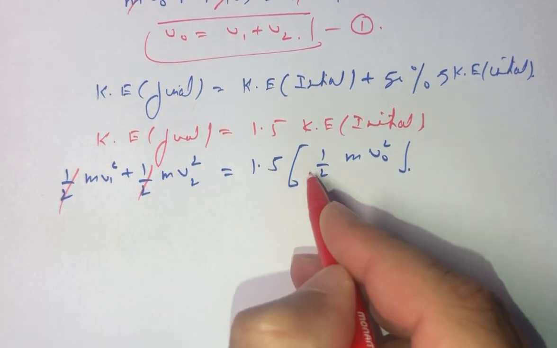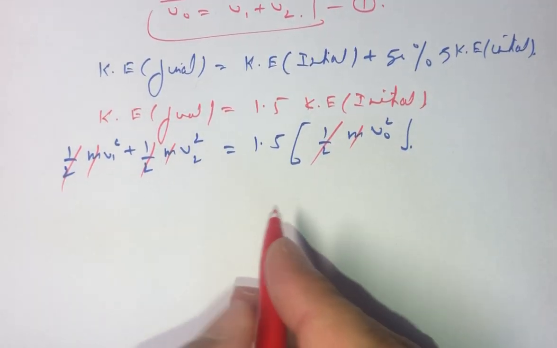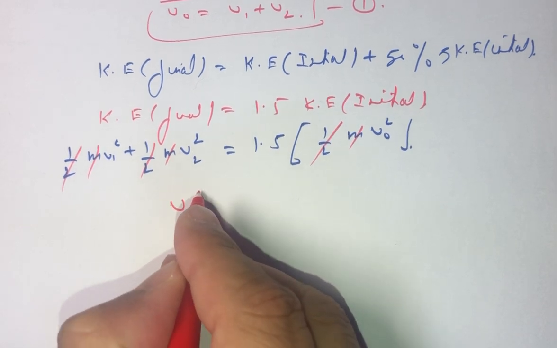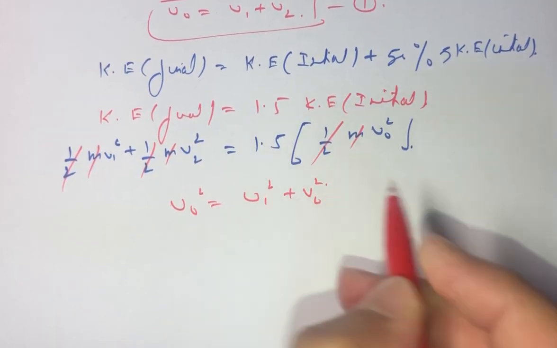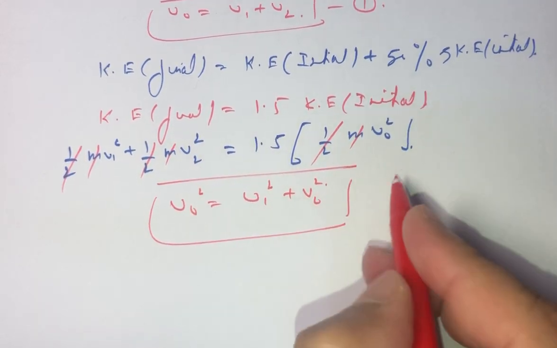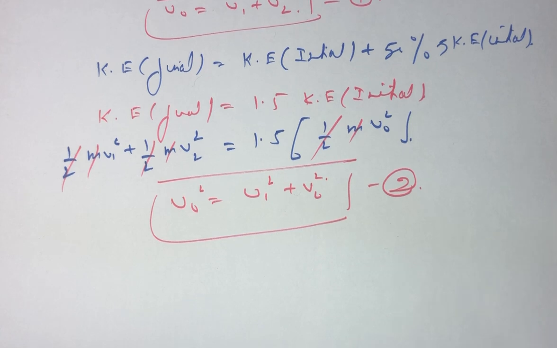So the half cancels throughout as well as m goes away. So from here we can say that v0 square is equal to v1 square plus v2 square. This is equation number 2.